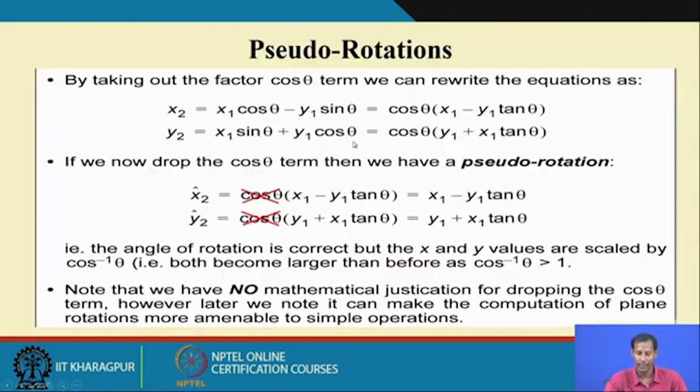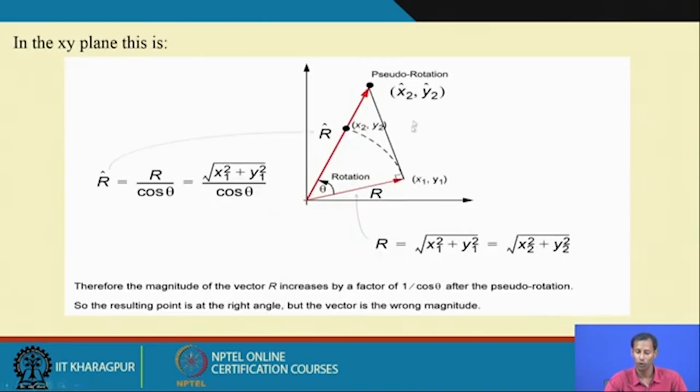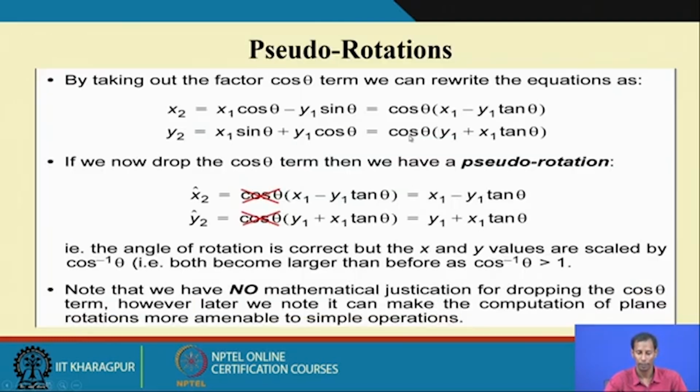But instead of doing that, we are doing another rotation, the pseudo rotation, and the corresponding values are x2 cap and y2 cap. The pseudo rotation can be written by taking out cos theta: x1 minus y1 tan theta and y1 plus x1 tan theta, which are the pseudo rotation values x2 cap and y2 cap.